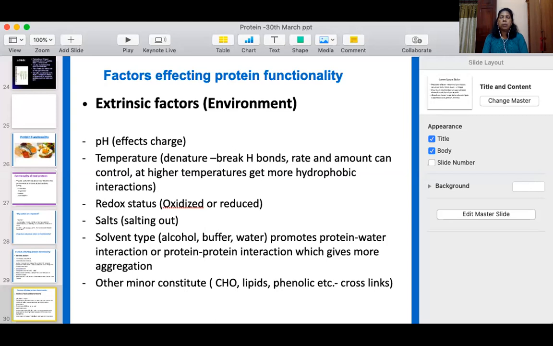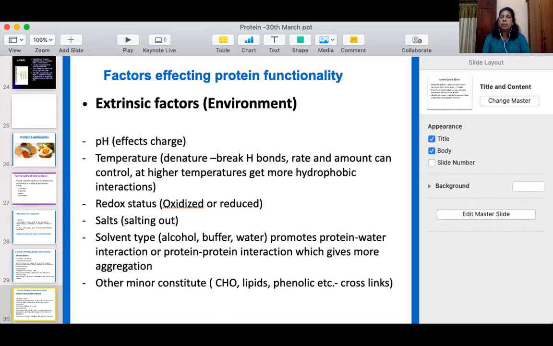The other one is salts. Salts are a kind of ions. Once you put in ions, salt or potassium chloride or whatever the ions, then you can see salting in and salting out. Salting in and salting out is the term we are using, but especially here we consider the protein and the ion concentration. The other thing is solvent type: alcohol, buffer, water promotes protein-water interaction or protein-protein interaction, which gives more aggregation, right?